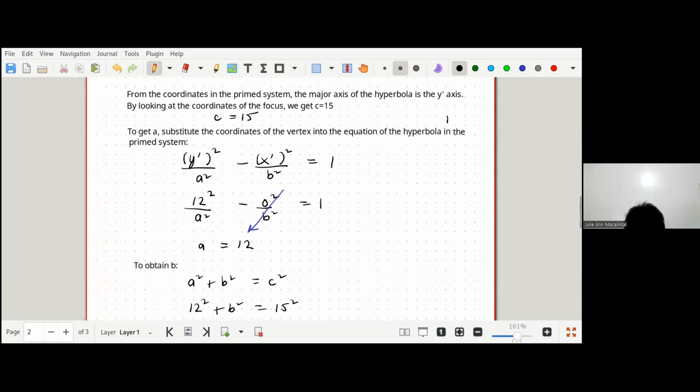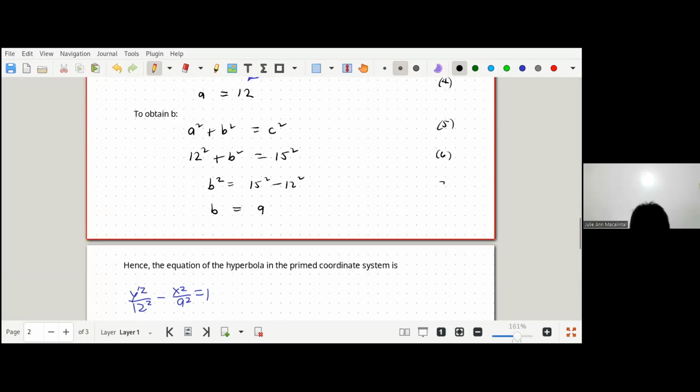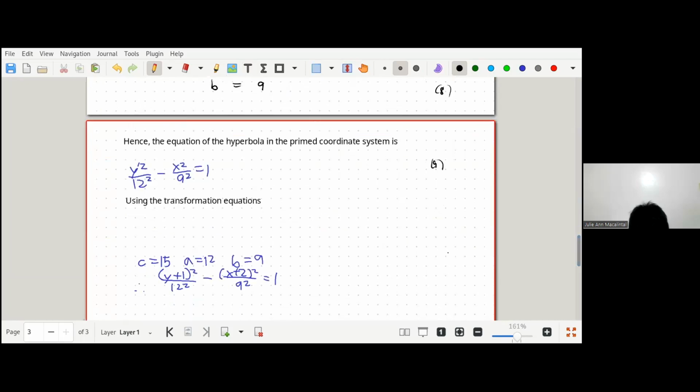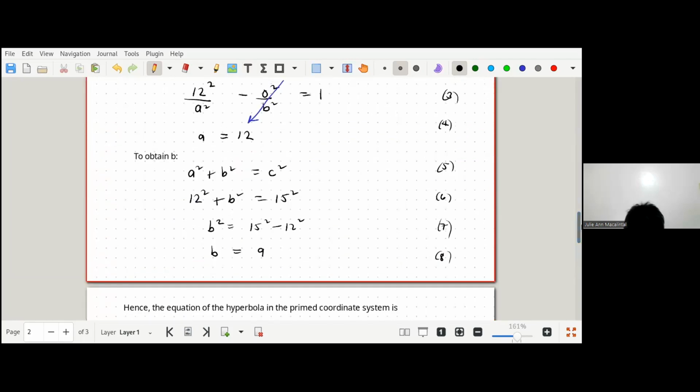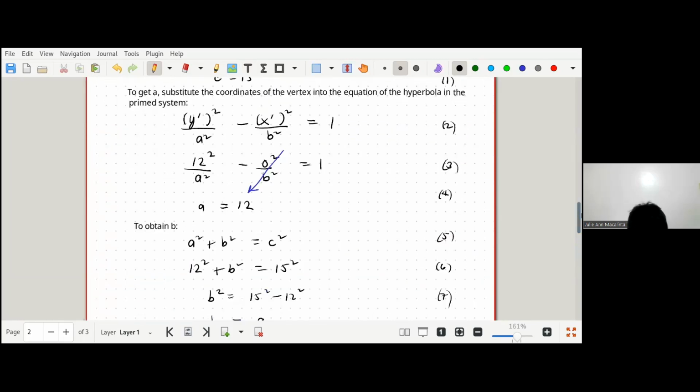And then this is equation 1, 2, 3, 4, 5, 6, 7, 8, 9. And then at equation, okay, so using equation 10, ang equation 10, yan yung i-rewrite lang natin yung transformation equation.